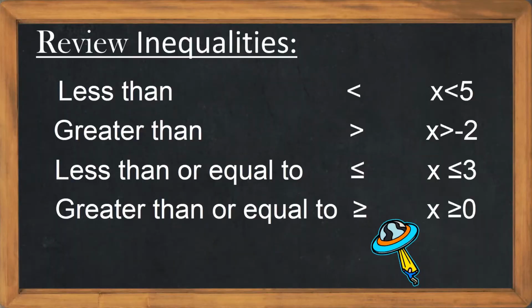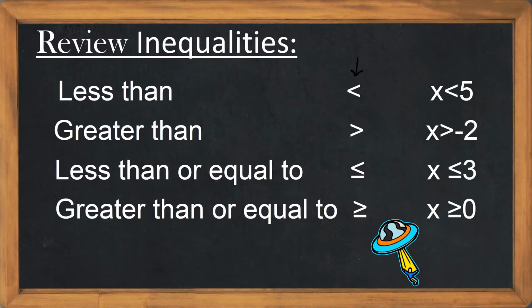You know, when you see this symbol here, it means less than. So we say x is less than 5, as an example. So when I say x less than 5, x could be 4, 3, 2, 1, or the negative numbers.